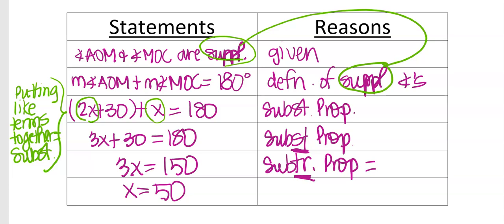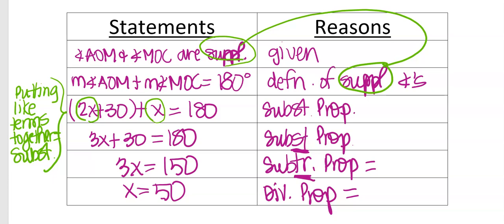And what did they do to get from 3x equals 150 to x equals 50? Divided by 3. So that would be division property, and you would do that to both sides. So division property of equality. So what I'm telling you is, if you know how to do all of the left side, do it. The right side will come.